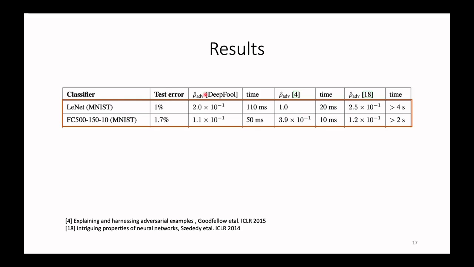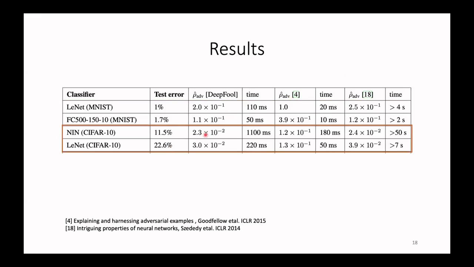We see that the DeepFool method is significantly faster than this optimization based method here, and it generates a significantly smaller perturbation compared to the fast gradient sign method. Actually, the perturbation is 5 times smaller than the fast gradient sign method.